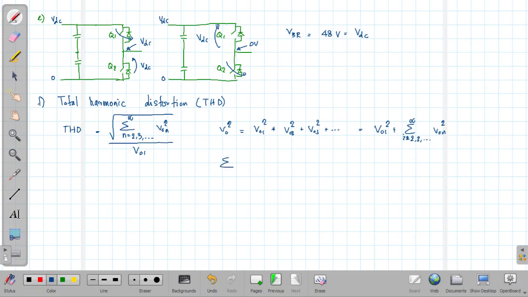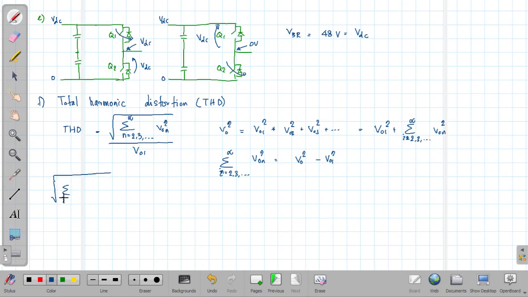Sigma n going from 2, 3 to infinity of VOn squared is equal to V out squared minus VO1 squared. We need to calculate the square root of that.